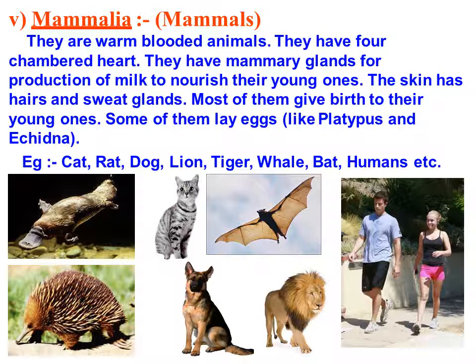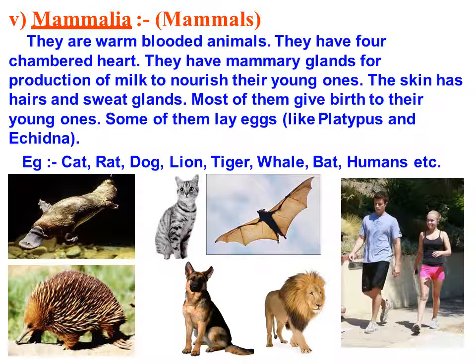Bat is also a mammal. Even whale is a mammal. Bats can fly, but they are mammals. And whales live in water, but they are mammals. That means we have categorized according to the mammary gland. So this was all about vertebrates.